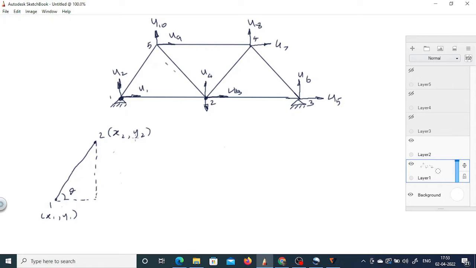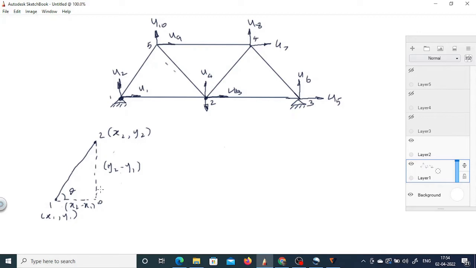I can calculate it from y2 minus y1. What is the distance of this horizontal line? It can be calculated from x2 minus x1.